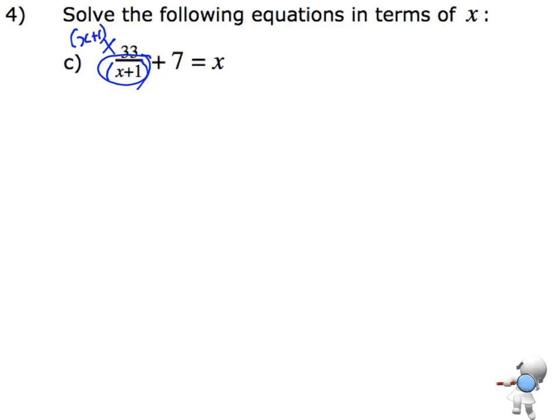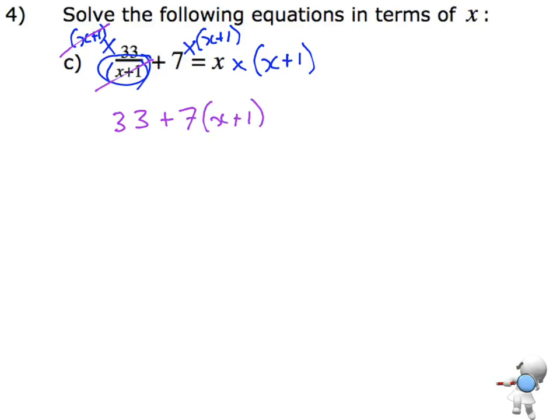Notice I'm putting in brackets. I'm going to multiply the 7 by x plus 1, and I'm going to multiply that x by x plus 1. What that will do is this x plus 1 and that x plus 1 cancel, and that will leave me with 33 plus 7 times x plus 1 equals x times x plus 1.